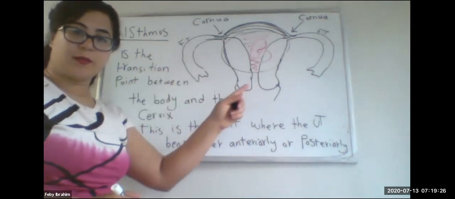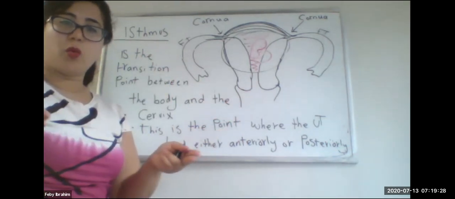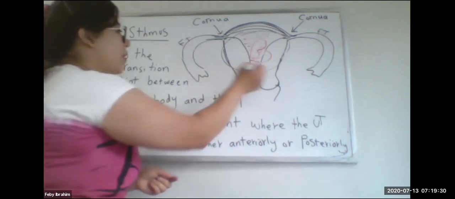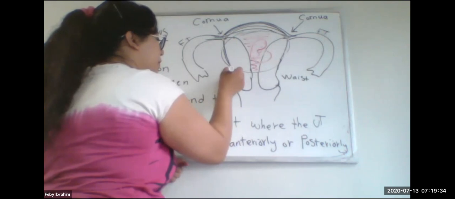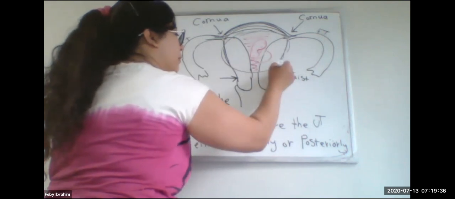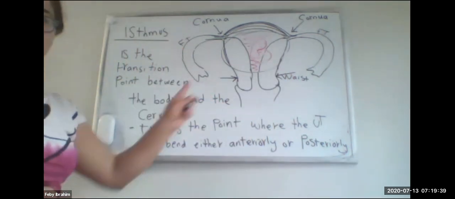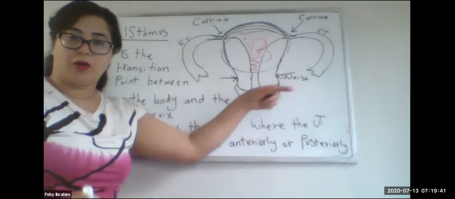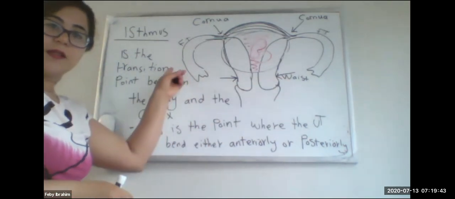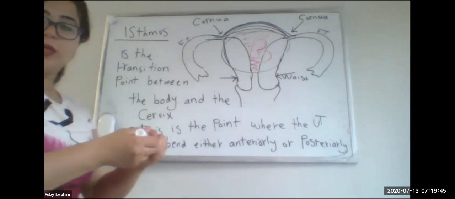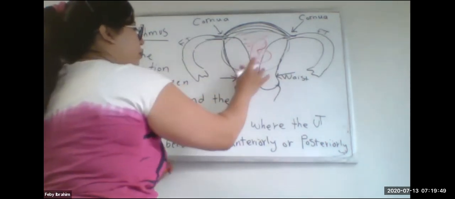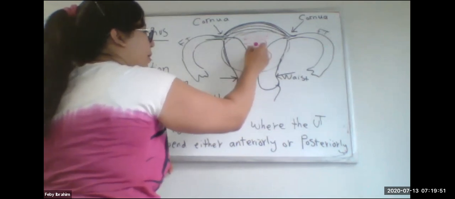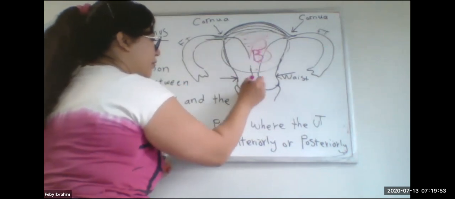Isthmus. What is the isthmus? The isthmus is the waist of the uterus. Look here, this is the waist, this area here. The waist of the uterus is the transition point between the body and the cervix.